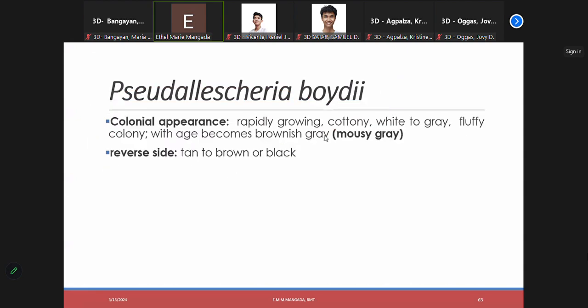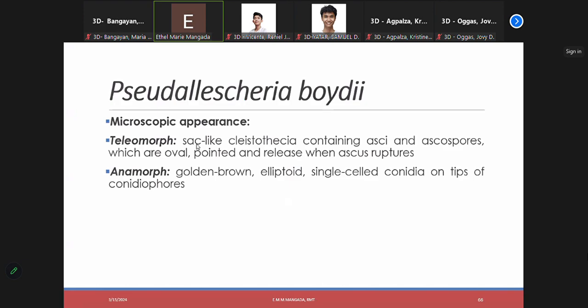So, the appearance: it's a white to gray fluffy colony that usually turns gray or mousy gray. And the reverse side, meaning when you flip the agar plate over, its color is tan to brown or black. So for the microscopic appearance, the teleomorph is said to have sac-like cleistothecia. Remember this in your drawing also.